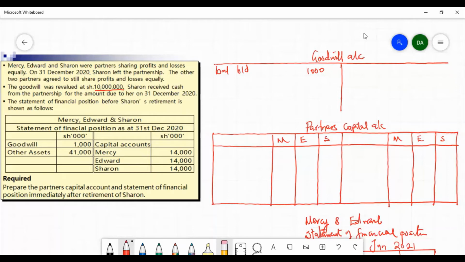Before retirement of Sharon, the partners were sharing profits and losses equally. Therefore, goodwill will be shared among the three partners equally. That means 3 million each partner. Therefore, in Marcy's capital account, 3 million will be credited.